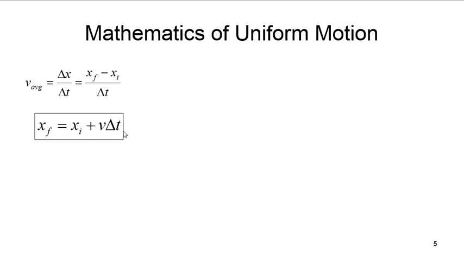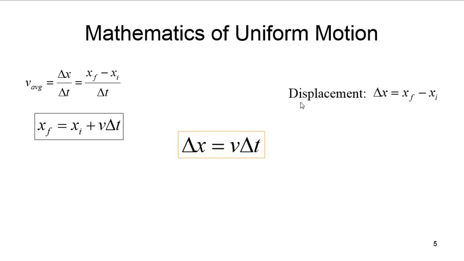Okay, so this equation is useful in this form, but I'm going to write it using the delta x. Let's just remember for a second, what is delta x? Delta x is displacement. It's that new variable. It's just the change in our position, x final minus x initial. So these two equations are exactly the same. It's just here we're writing it in terms of delta x as a single variable.